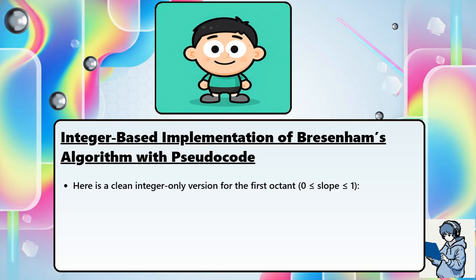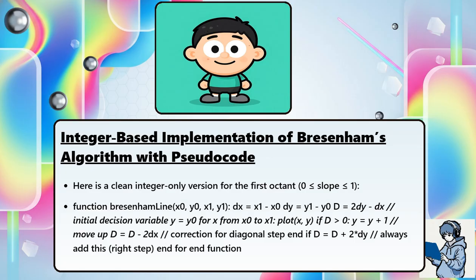Here is a clean integer-only version for the first octant, 0 less than or equal to slope less than or equal to 1. Function Bresenham line(x0, y0, x1, y1): dx equals x1 minus x0, dy equals y1 minus y0, d equals 2 times dy minus dx, the initial decision variable. y equals y0.